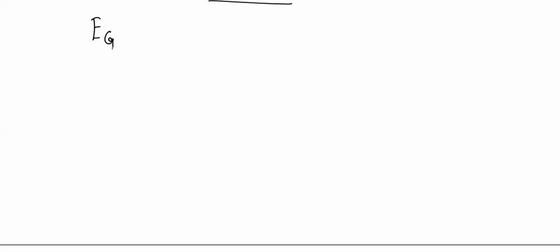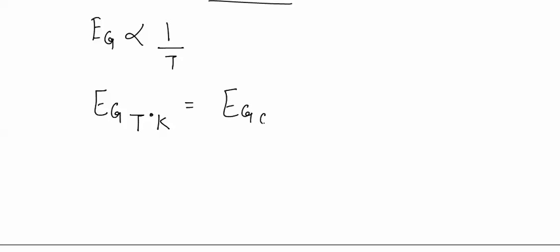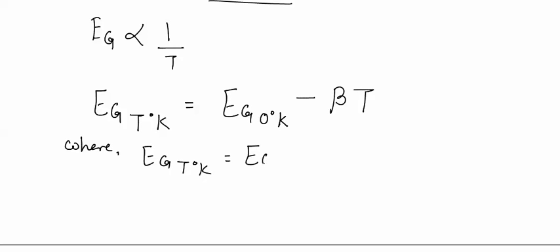That is, forbidden energy band gap Eg is inversely related to temperature, and its relation with temperature is defined as Eg at any temperature T in degrees Kelvin equal to Eg at 0 degrees Kelvin minus beta into T, where Eg at T degrees Kelvin means forbidden energy band gap at temperature T. This T can be any temperature, room temperature, 500 degrees Celsius or whatever it may be.